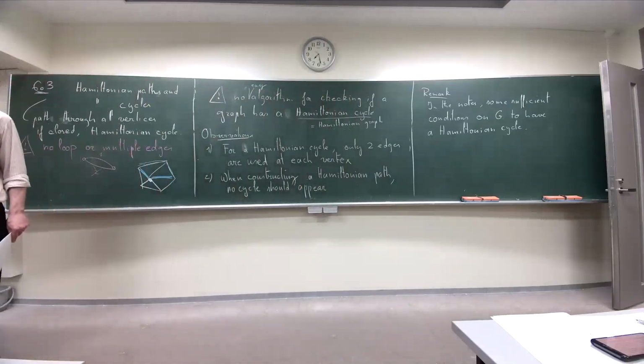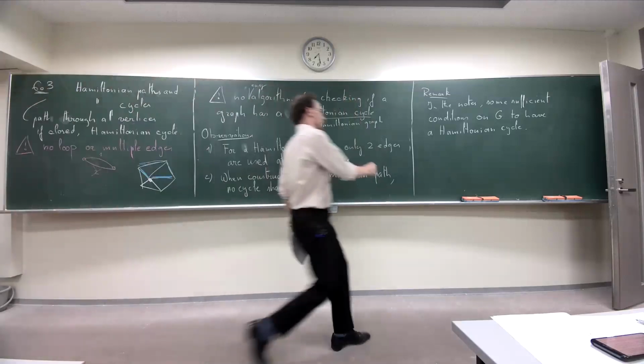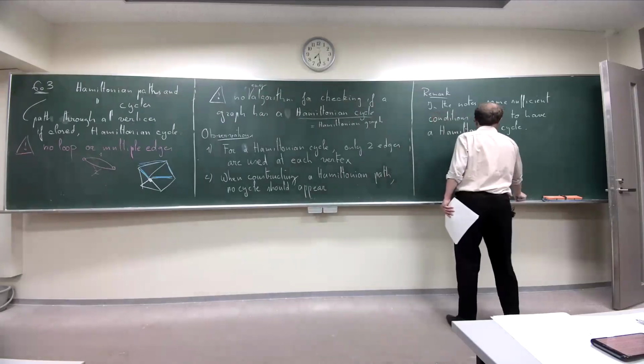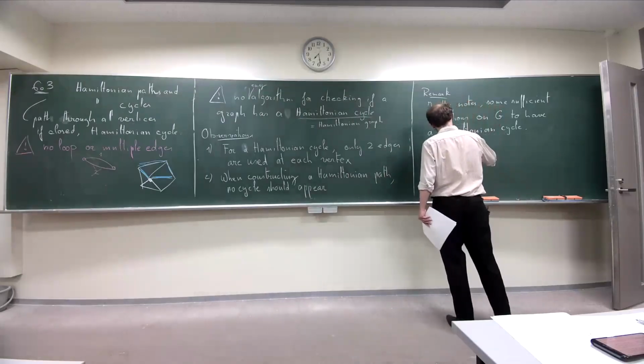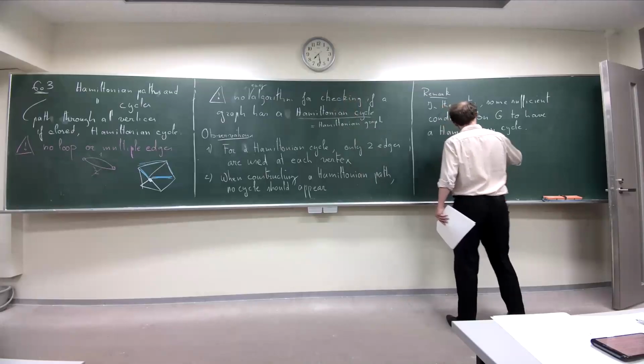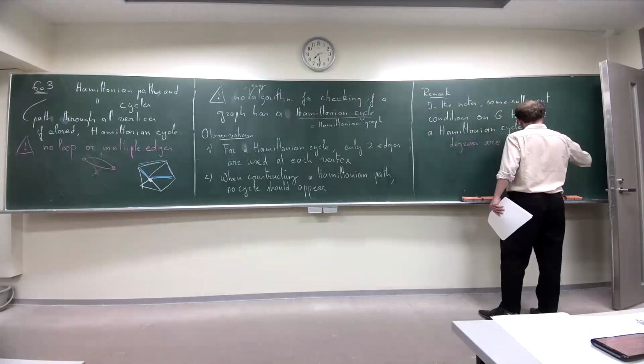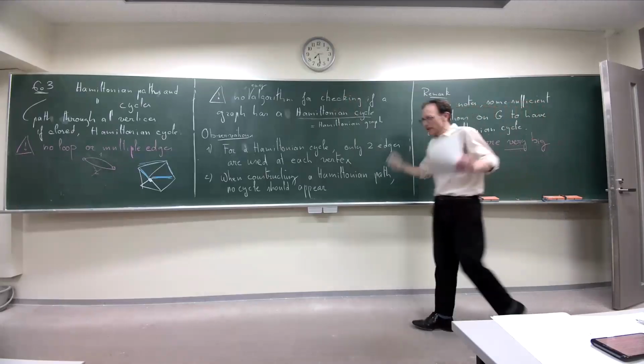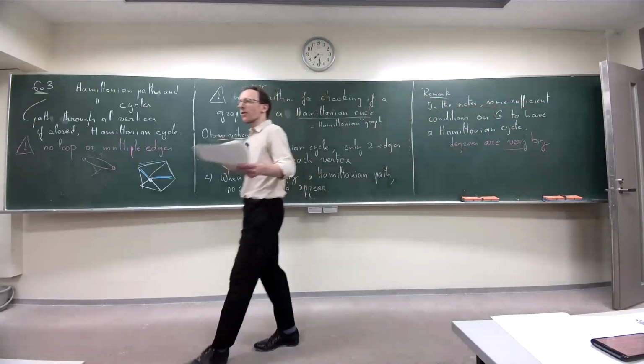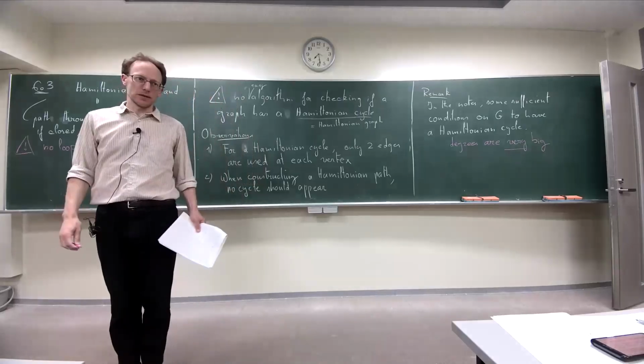They are not very nice because they are sufficient, but if your graph is big, you need to have a very big degree everywhere. So the problem with this sufficient condition is the degrees are very big. And for many graphs, even big graphs, you don't have so many edges.